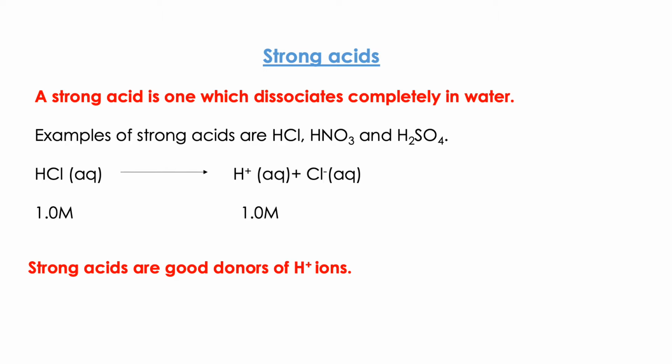It is an irreversible reaction suggesting that the dissociation is 100%. If we take the initial concentration of HCl as 1 molar, the capital M stands for moles per decimeter cube, then the amount of H+ ions formed will also be equal to 1 mole per decimeter cube, which suggests strong acids are good donors of H+ ions.